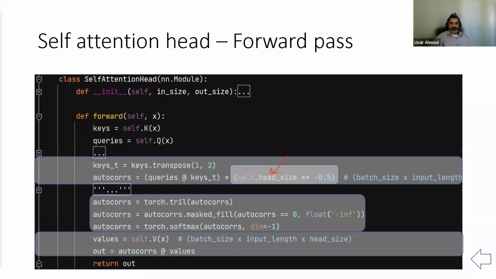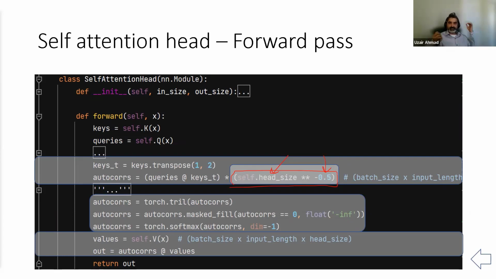So this preserves the variance and prevents the autocorrelation matrix from looking like one hot encoded vectors.